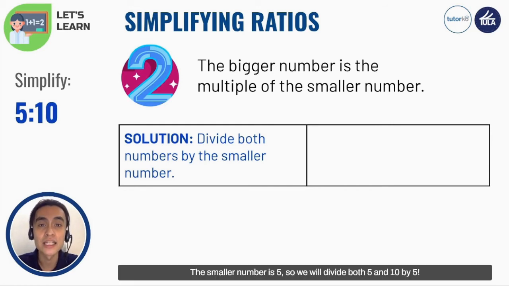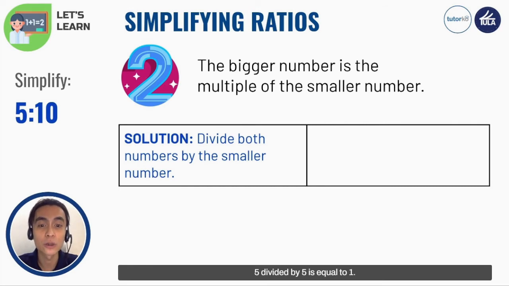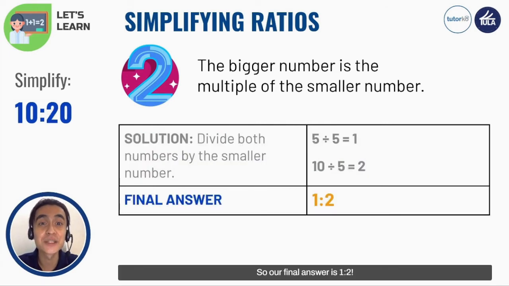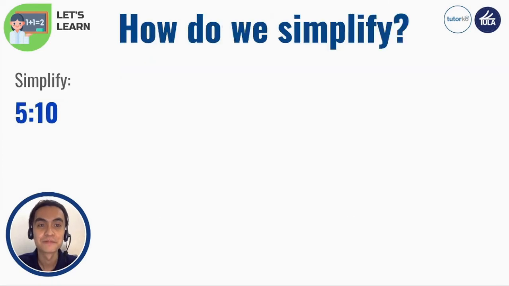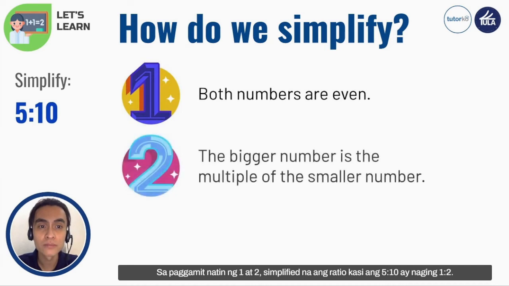The smaller number is 5, so we will have to divide both 5 and 10 by 5. 5 divided by 5 is equal to 1. And 10 divided by 5 is equal to 2. So our final answer is 1:2. Sa paggamit natin ng 1 at 2, simplified na ang ratio kasi ang 5:10 ay naging 1:2.